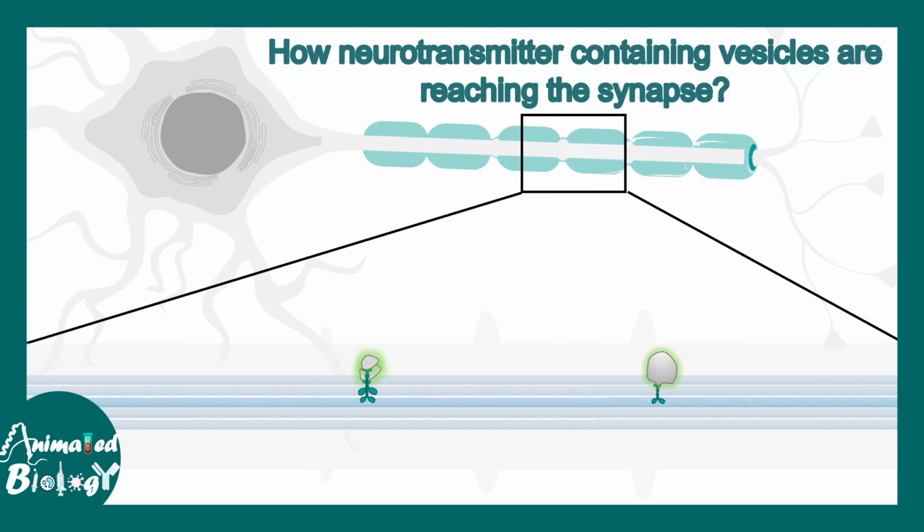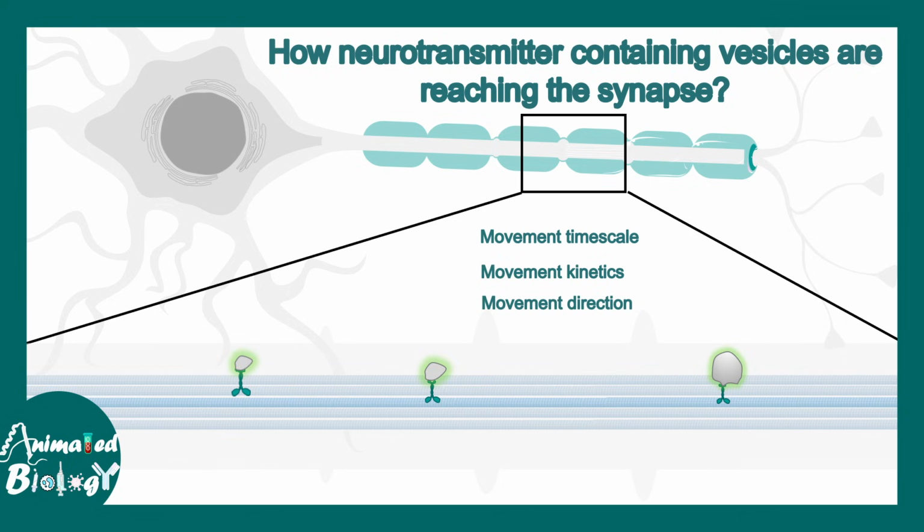They can look at the molecular dynamics and calculate parameters like movement timescale, kinetics, directions, etc. All these things can be looked at using time-resolved fluorescence microscopy. In a different video, we talked about this in much more detail, so check out that video.